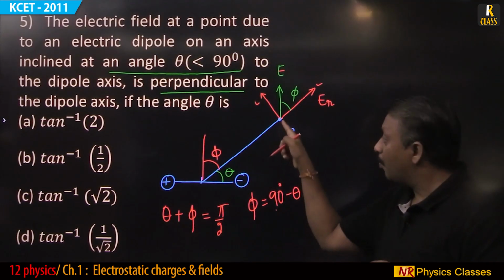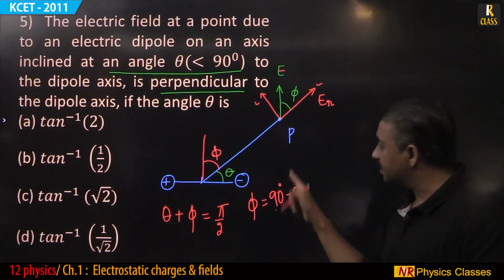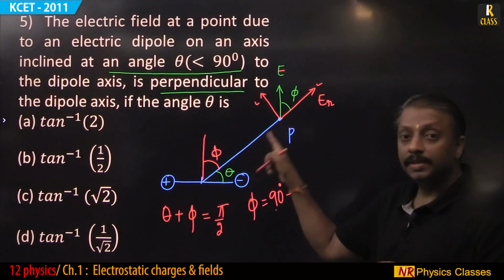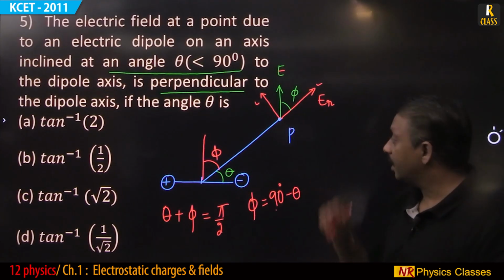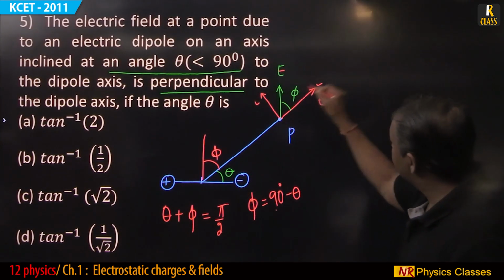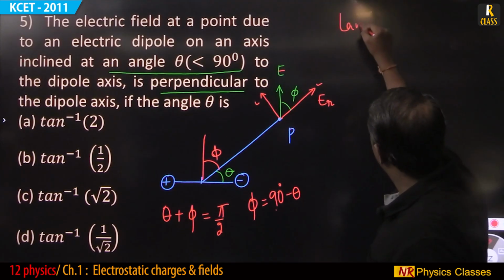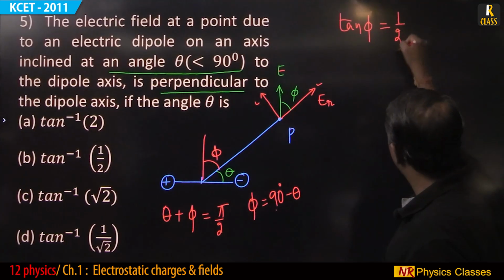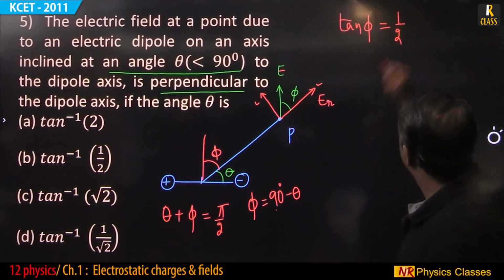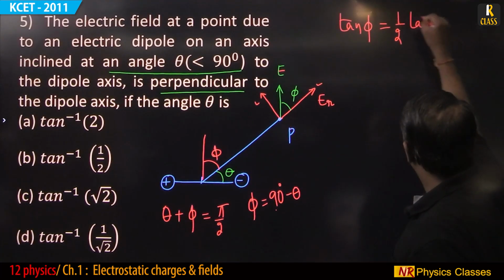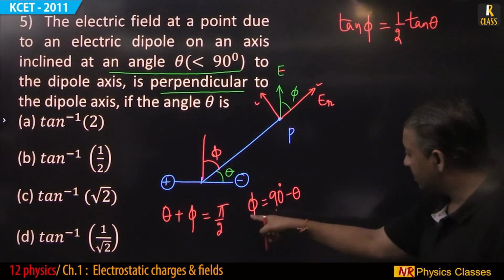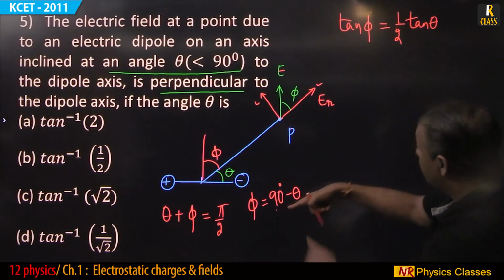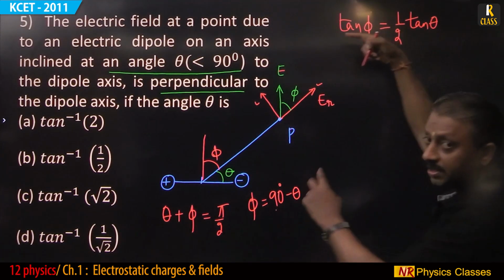This is a point other than axis and the equatorial plane. General case. General case means tangent of this angle equal to half of tan theta. Phi is 90 minus theta, tan 90 minus theta.